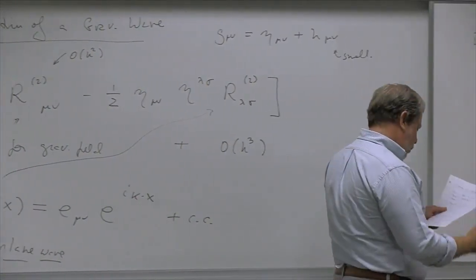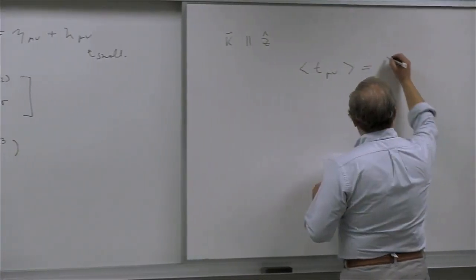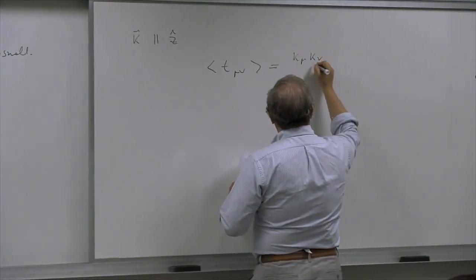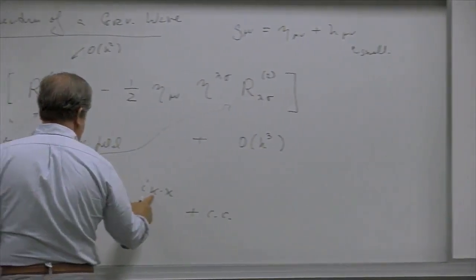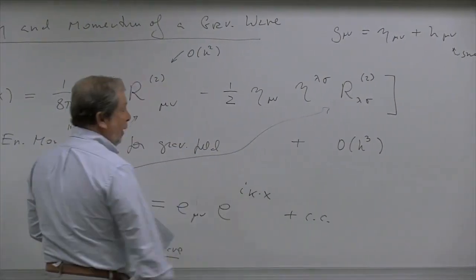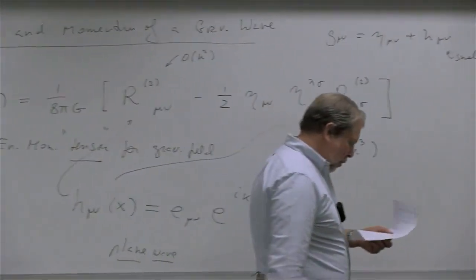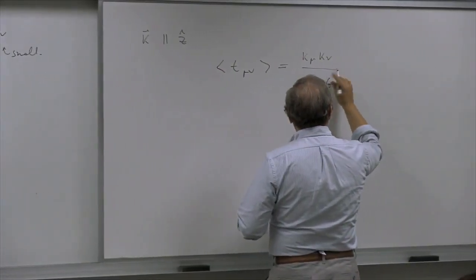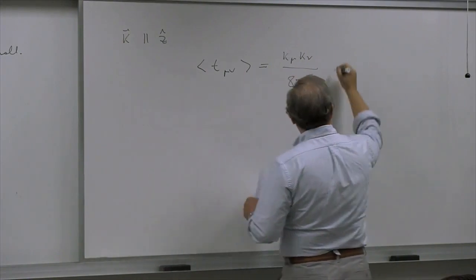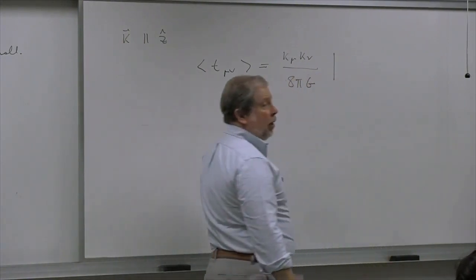And we get an expression for t mu nu, where the only vectors that are left over for a plane wave are the polarization vector, which is a 2-index object, and the k. So in this case, t mu nu is equal to k mu k nu over 8 pi G, that factor remains, times the amplitude of the wave.